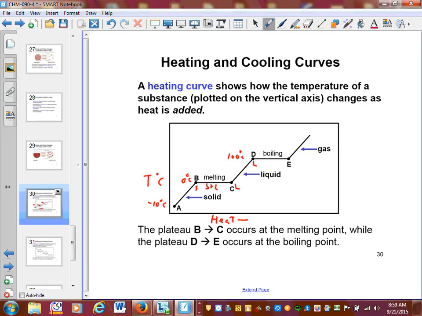So we're going to have liquid and vapor or gas. As long as we have liquid water, it'll be 100 degrees C, until we get all vapor at 100 degrees C, then we can heat the vapor. As long as we're doing a phase change, temperature is not going to change.